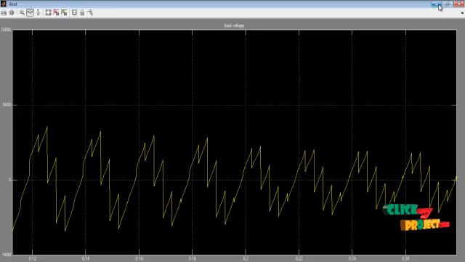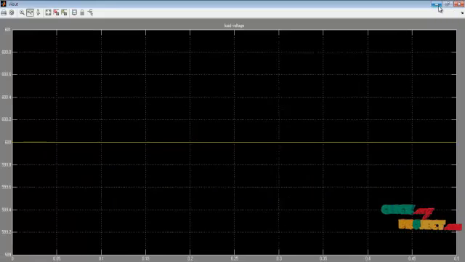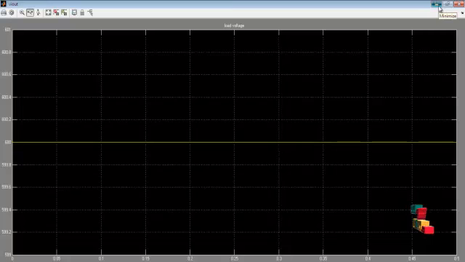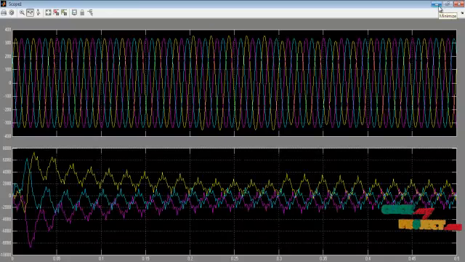First is the input current waveform, and next is the input voltage waveform, whose range is 600 volts. This is the inverter output, grid side output voltage and current waveform.